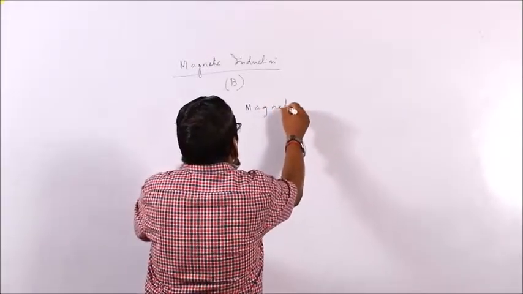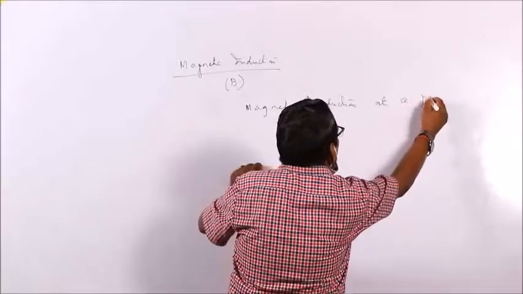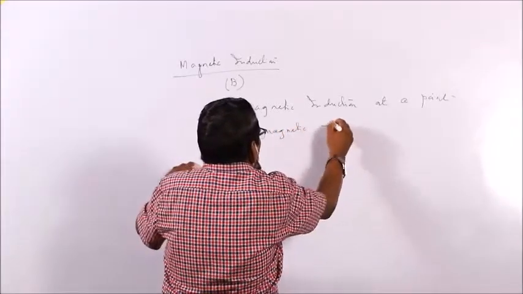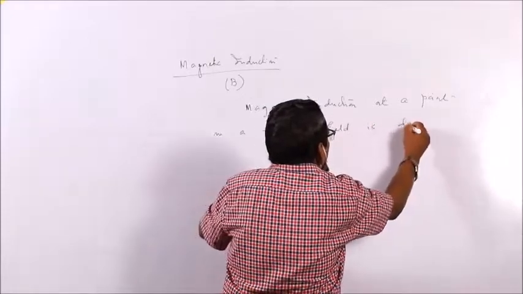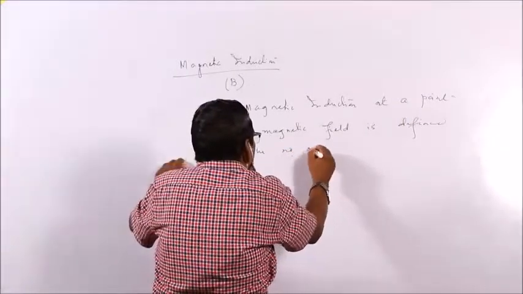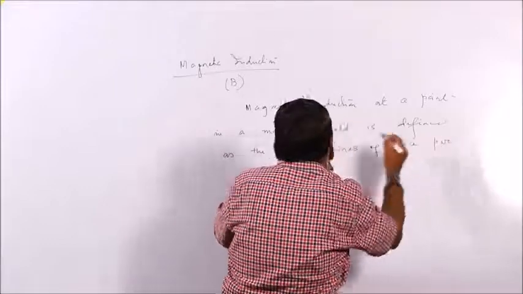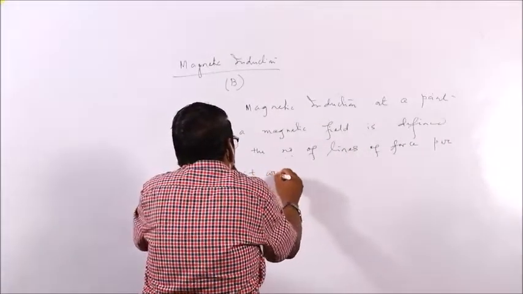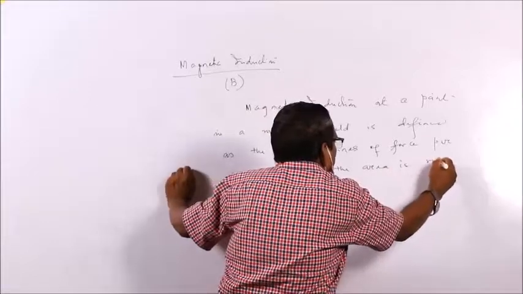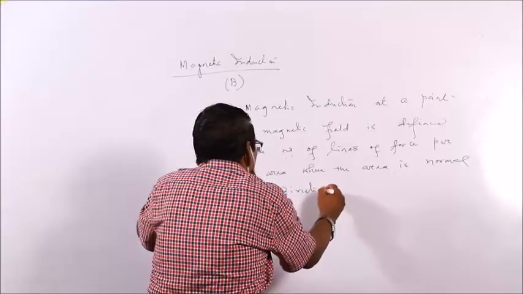You can remember the definition: magnetic induction at a point in a magnetic field is defined as the number of lines of force per unit area when the area is normal to the direction of flow of flux.